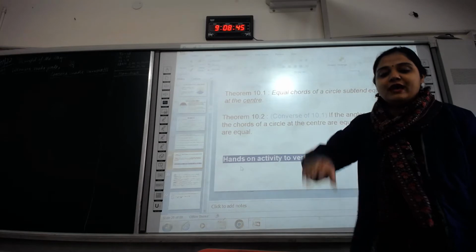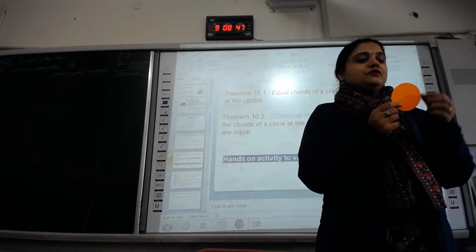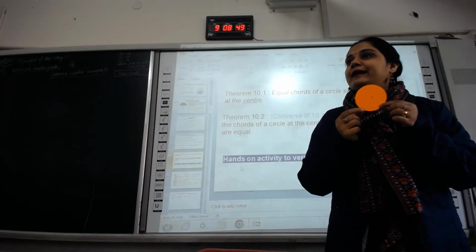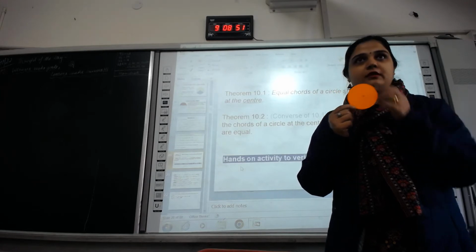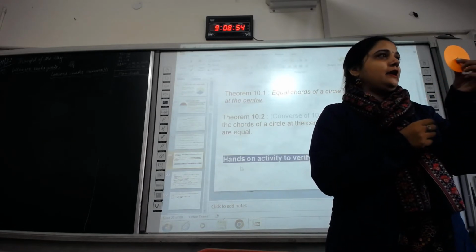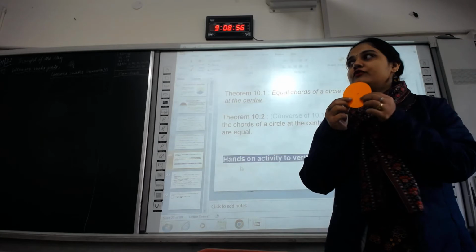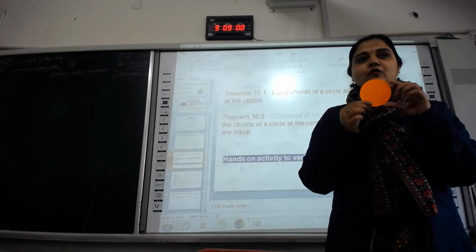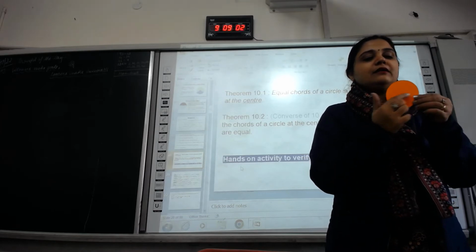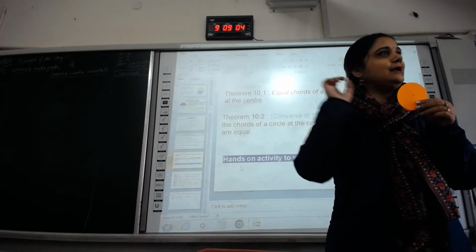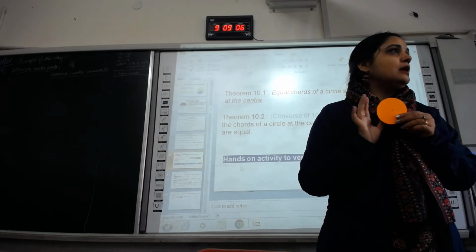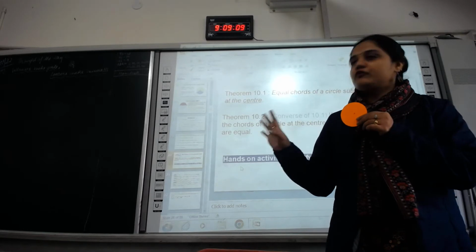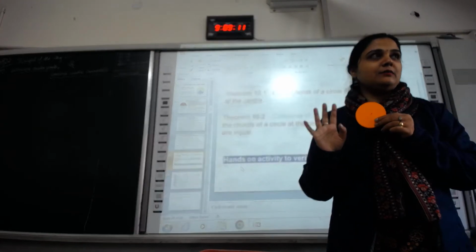It is saying if we have a circle in which we have two equal chords at any two points, anywhere in this circle, a circle can have infinitely many chords, right? So we are just talking about two equal chords. So if we have two equal chords in this circle, they will subtend equal angles at the center. This is what theorem 1 is saying. We will prove that also because the proof is there in the course as per CBSE.